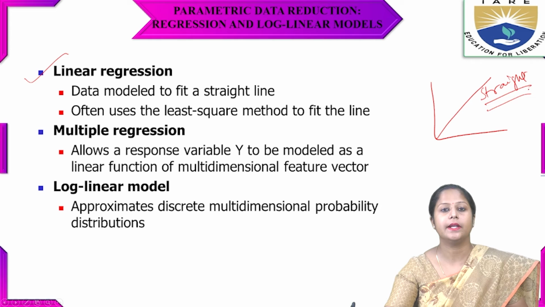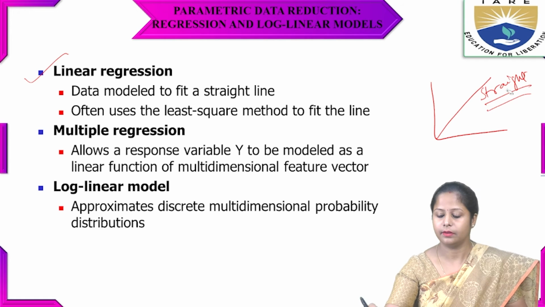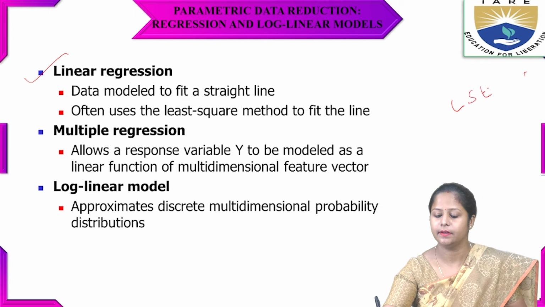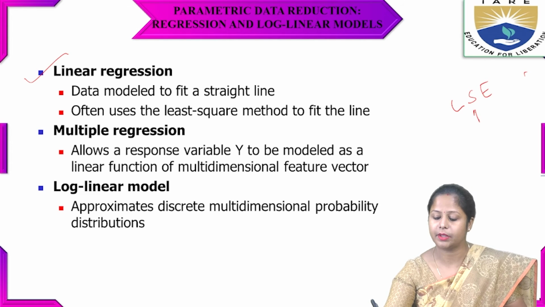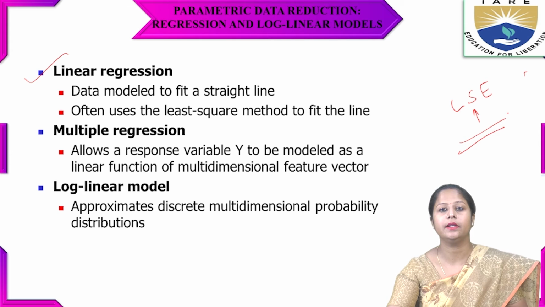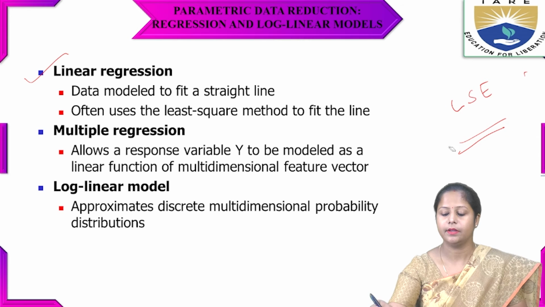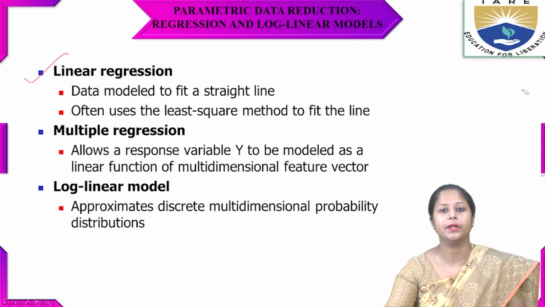It often uses the least square method, LSE, which is the mathematical formula to calculate the regression from the data, so we can find the fit line as a straight line.